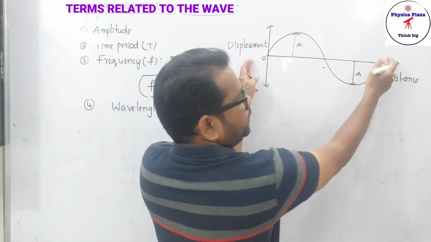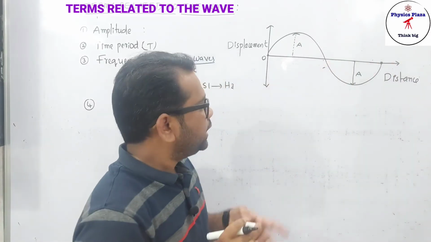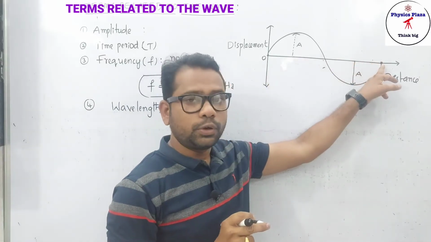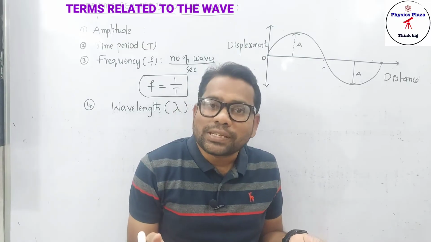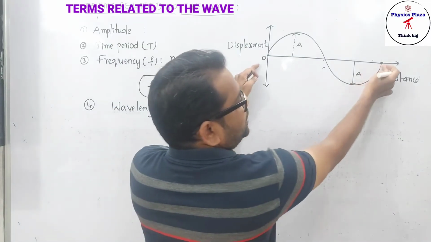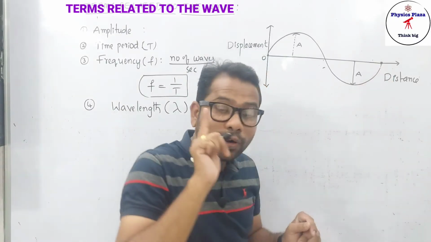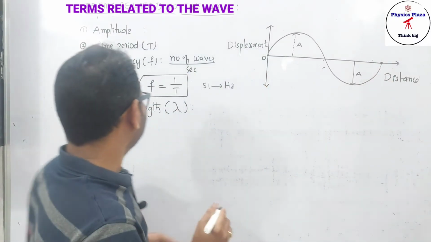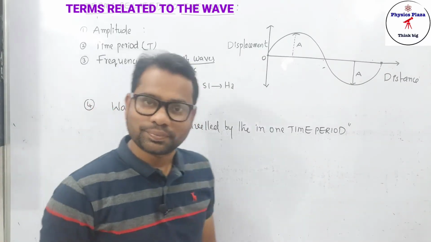To form a complete wave, the time taken is the time period. In this time period, don't you think the wave can travel some distance? How much distance? From here to here only, right? This distance traveled by a wave in one time period is called wavelength. Okay, fine.